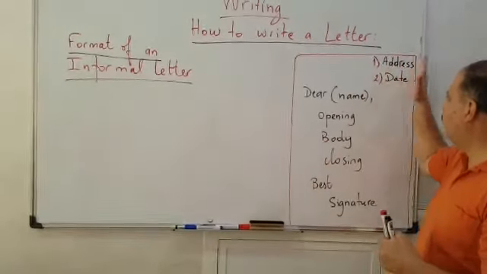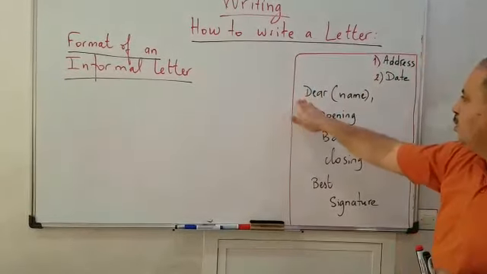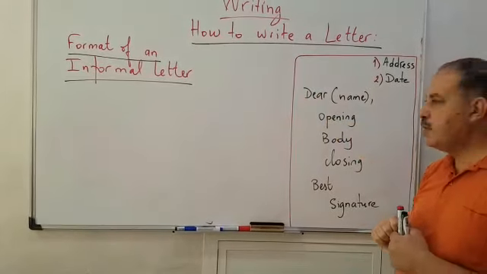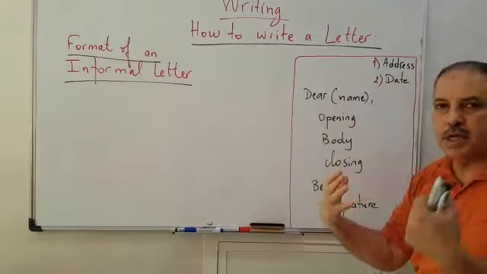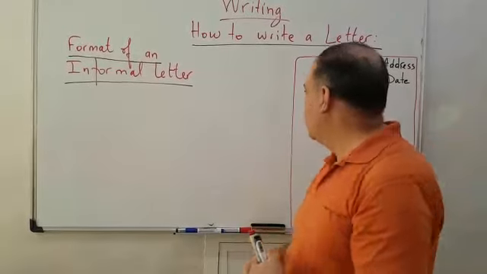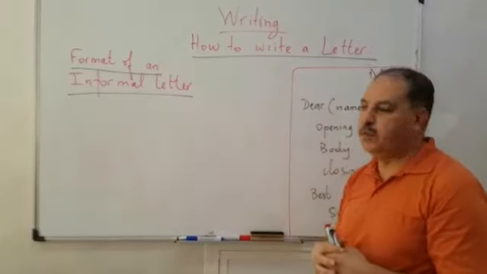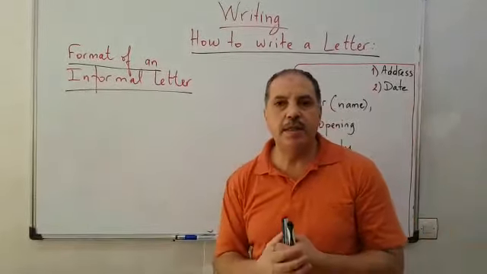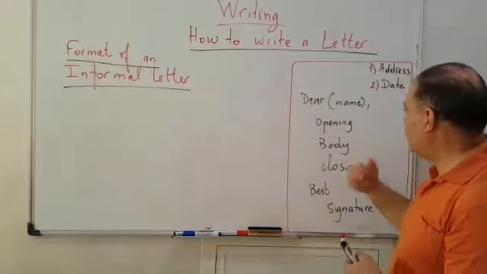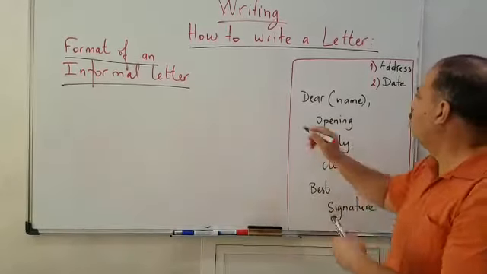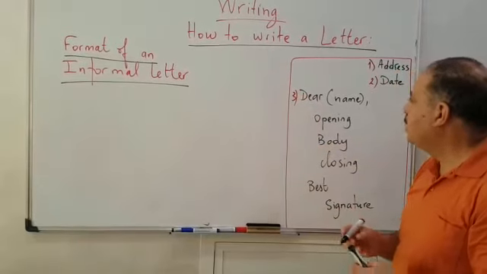And the following, when you finish this corner, you come here and you write the salutation. For example, dear, and then you write the name of the person you are sending this letter to. We can write this number 3.